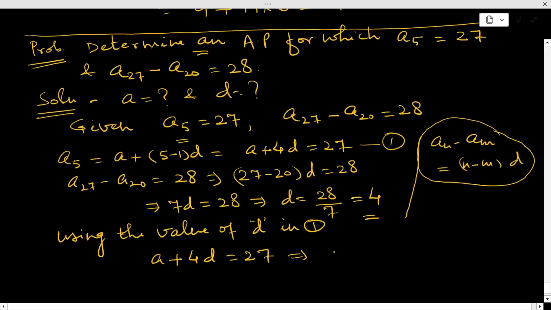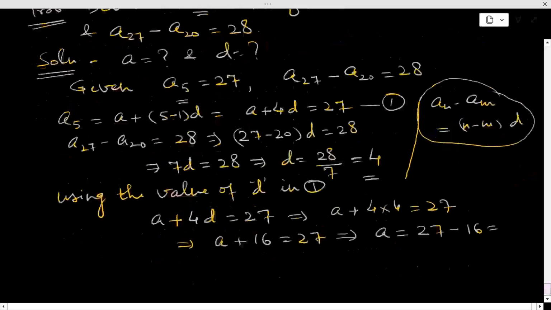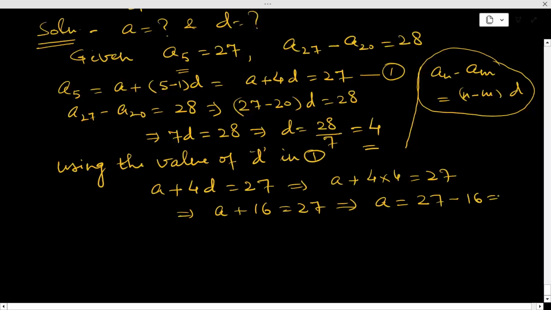So this gives a plus 4 times d, and d is also 4, so a plus 16 is equal to 27, and this gives a is equal to 27 minus 16, which is 11.